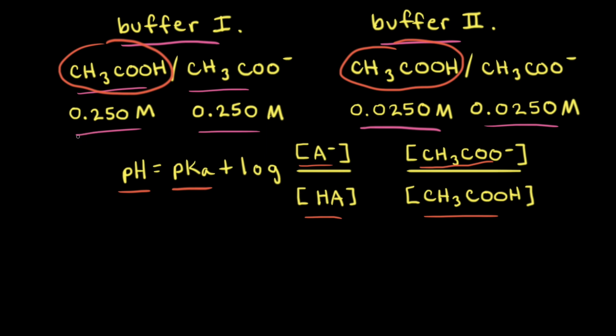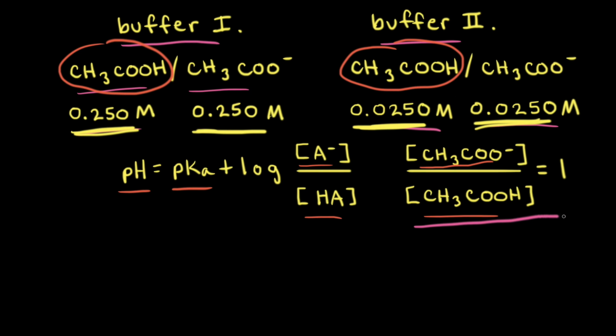For buffer solution number 1, the concentration of the acetate anion is equal to the concentration of acetic acid. Therefore, the ratio of their concentrations is equal to 1. And it's the same idea for buffer solution number 2. The concentration of the acetate anion is equal to the concentration of acetic acid. Therefore, the ratio of their concentrations is also equal to 1 for buffer 2.